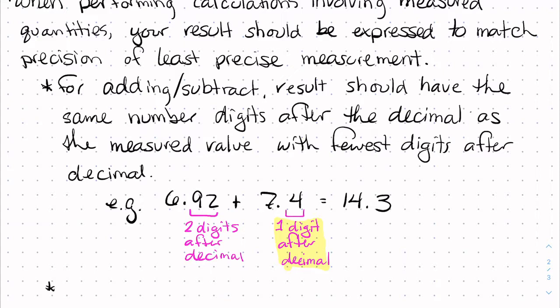For multiplying and dividing, the total number of sig figs is what matters.